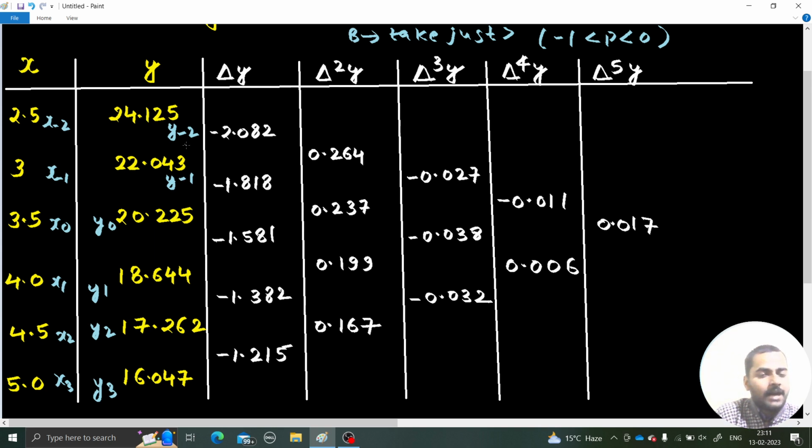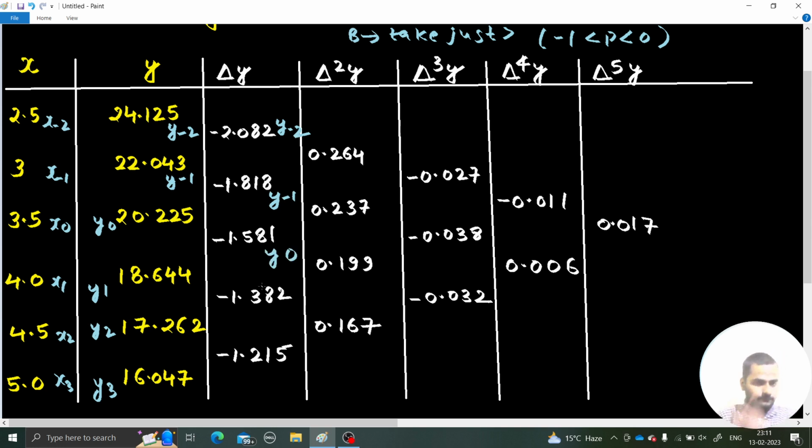Here we take the upper one, so y minus 1 and y minus 2, out of that write y minus 2. Again 0 and minus 1, so take y minus 1, always take the upper one, then y0.